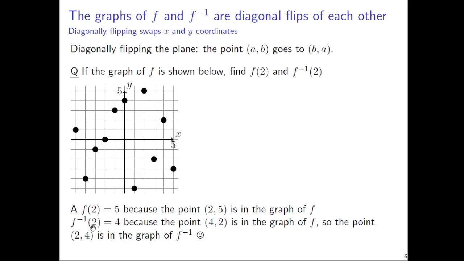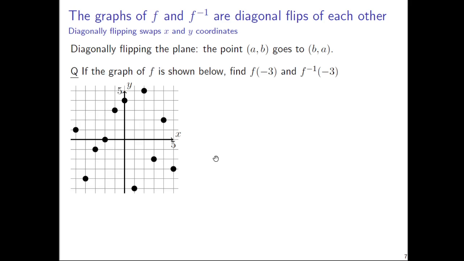But f inverse of 2 is equal to 4 because there's a point (4, 2) right here on the graph of f, and that means on the graph of f inverse, you've got to swap. So instead of (4, 2), you have (2, 4) on the graph of f inverse. We didn't draw the entire graph of f inverse, but if you take this picture and diagonally flip, there will be the point (2, 4) on the graph of f inverse, and that's why f inverse of 2 is equal to 4.